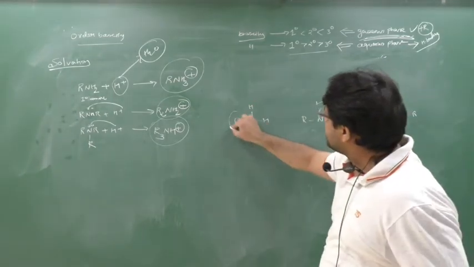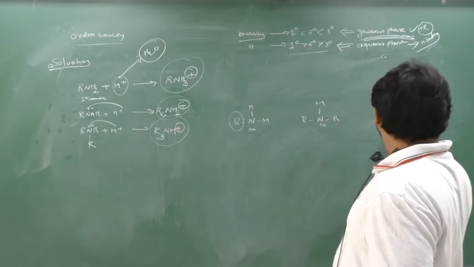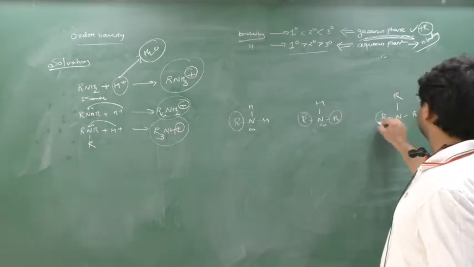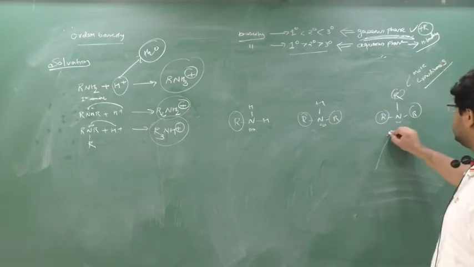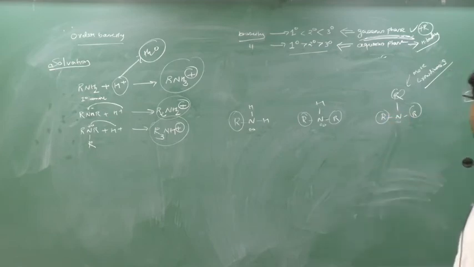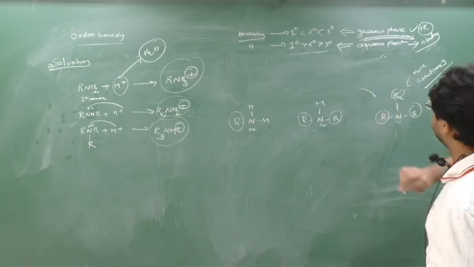See, there is one R group, two R groups, and three R groups. So where is there more crowdiness? Here. When there is more crowdiness, the upcoming hydrogen will face difficulty. Yes or no? It means here hydrogen cannot come easily.